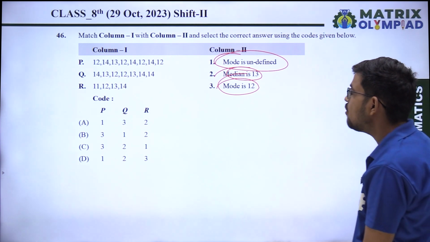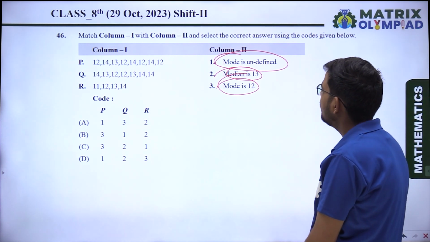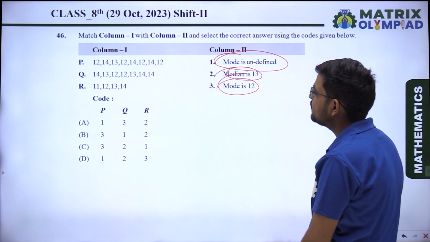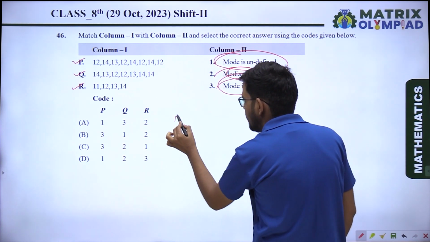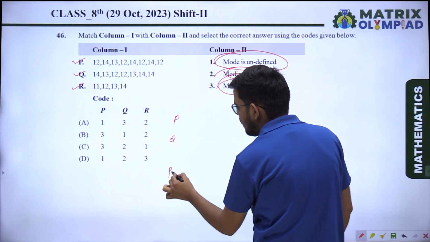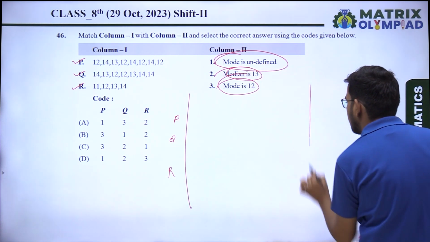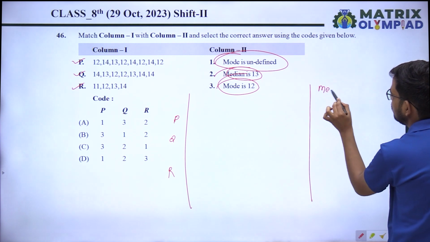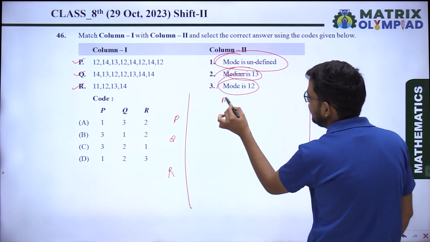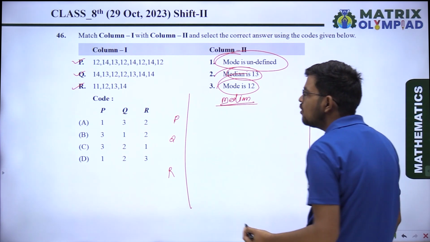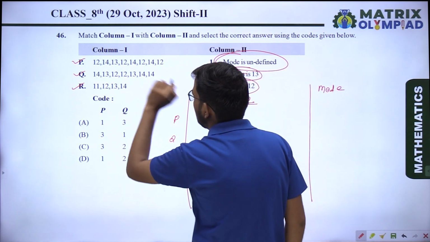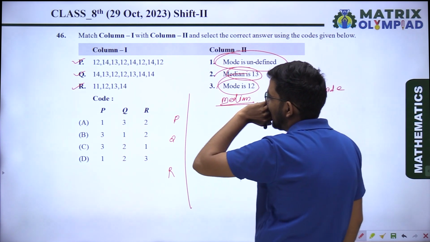So first we will find the mode and median of P, Q and R. All three we are solving. So we are arranging P in ascending order.